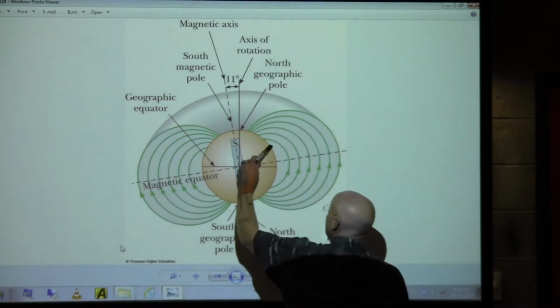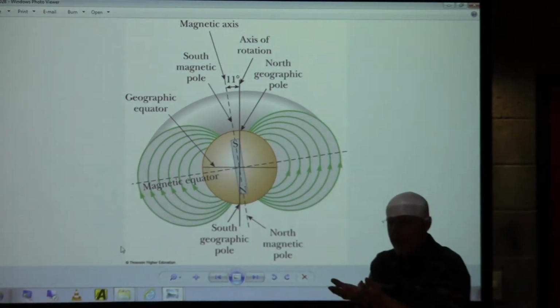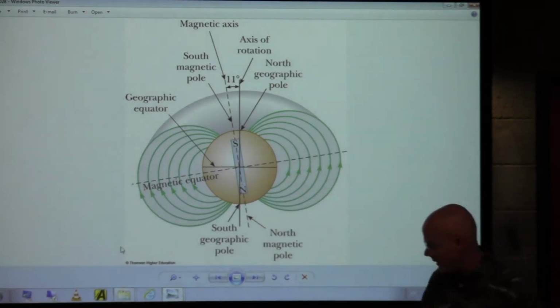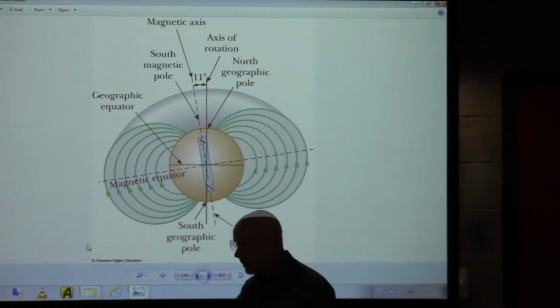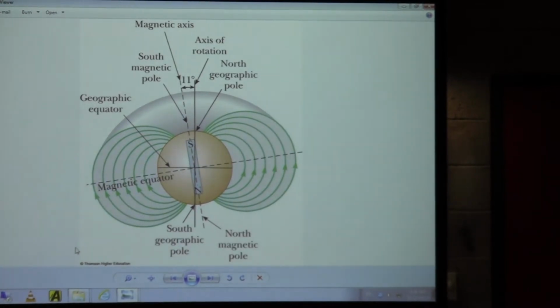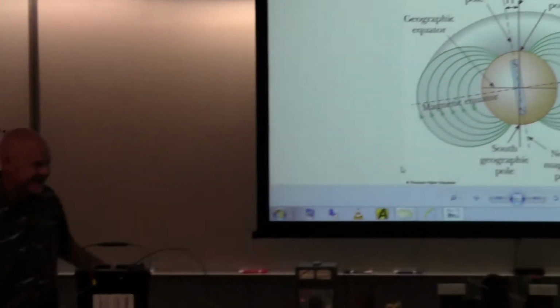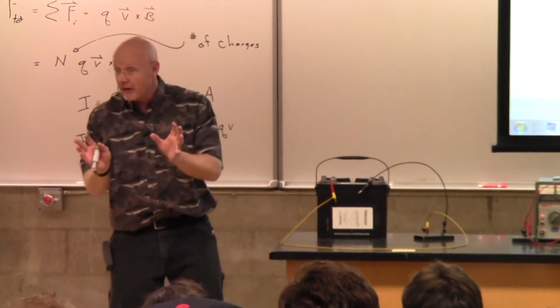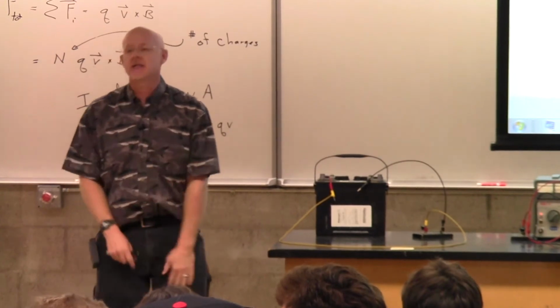So if I am here at Santa Barbara, what would the magnetic field look like just from the Earth? See, I moved this one out of the way. I moved these out of the way. I ask again, is there a magnetic field right here? Yes. Now, it's not much, granted, but there is a magnetic field.